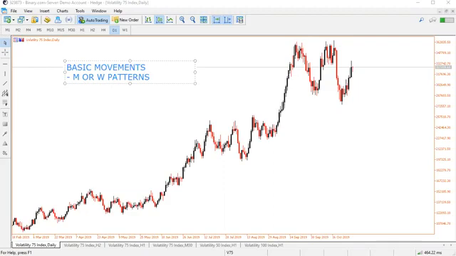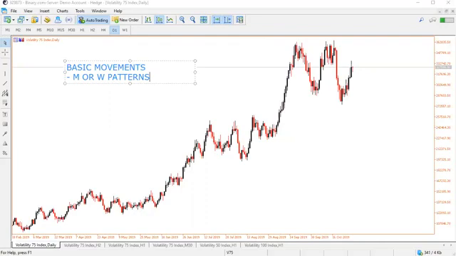So this is how it moves, guys. Meaning that if ever you're willing to make a perfect entry, you need to wait for an M pattern or a W pattern to actually form within a particular area in order for you to make an entry, right?